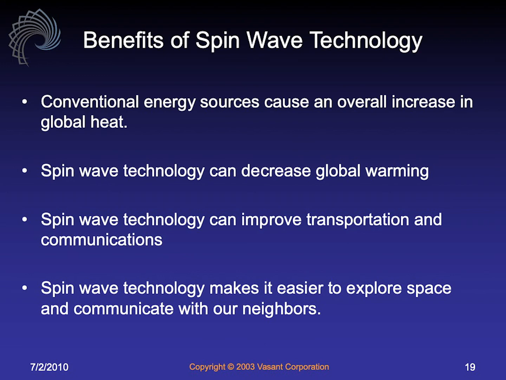The technology can be used to improve transportation and communications. Spinwave technology makes it easier to explore space, using it for propulsion systems, and for communication, it allows us to communicate with our neighbors.